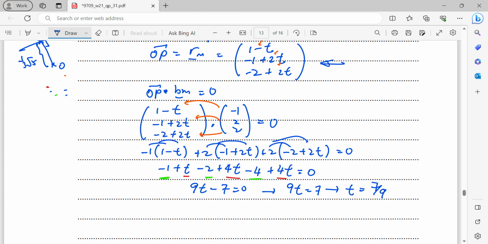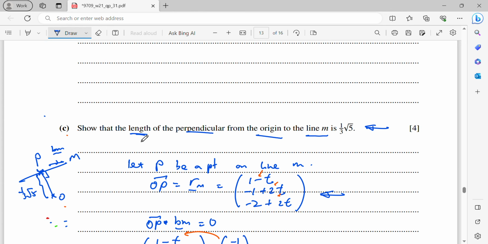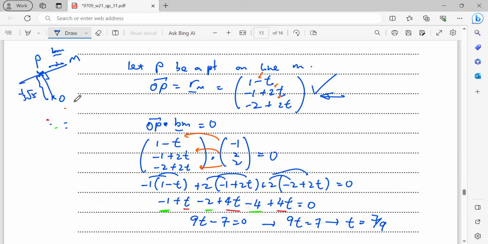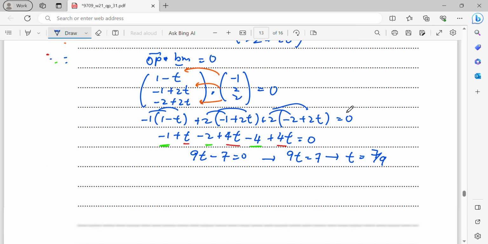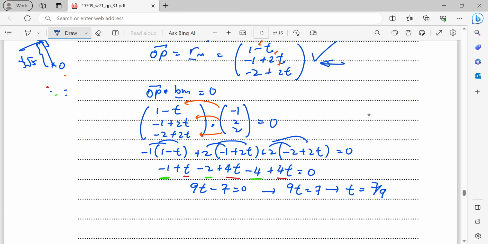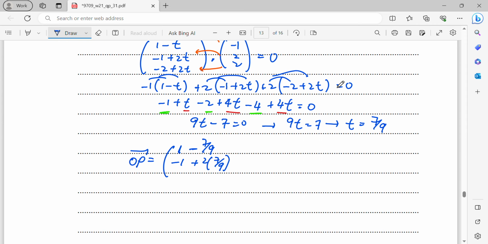So now, the question says show the length. Now I need to find what is my OP, because the length is actually the magnitude of OP. So substitute into the vector OP. So now my vector OP is basically 1 minus t, minus 1 plus 2t, then minus 2 plus 2t, the last coordinate.